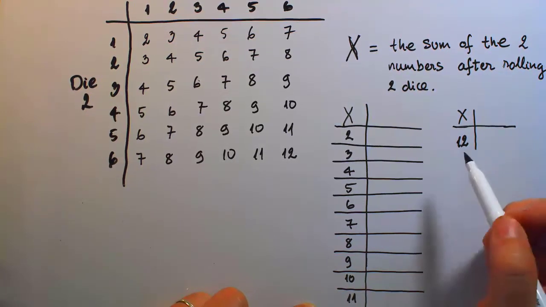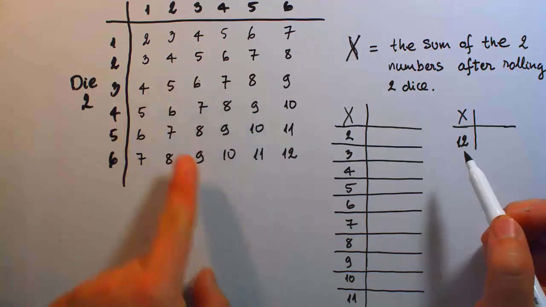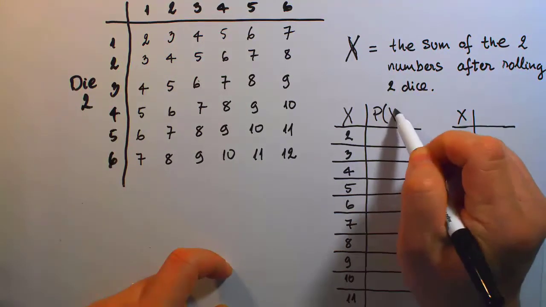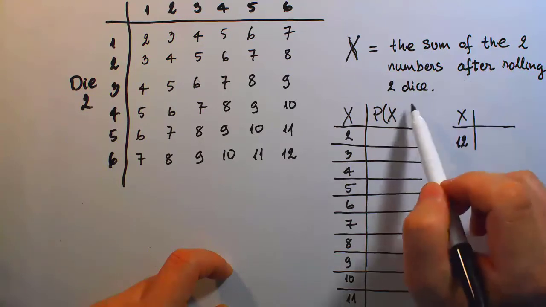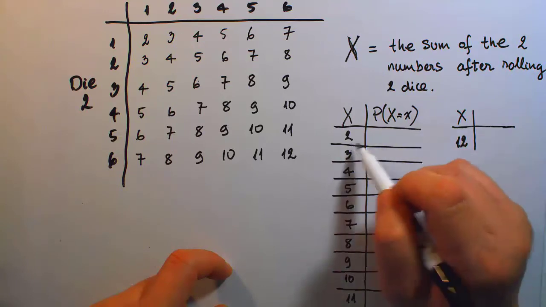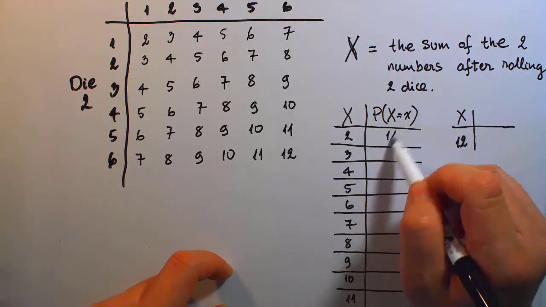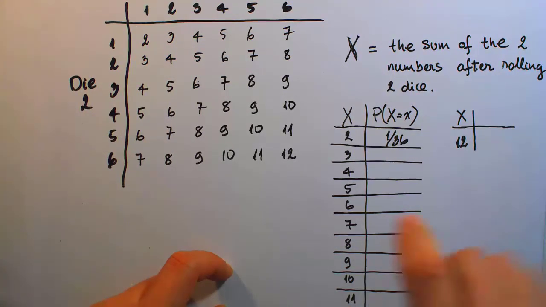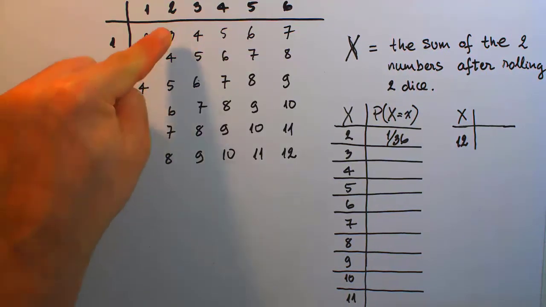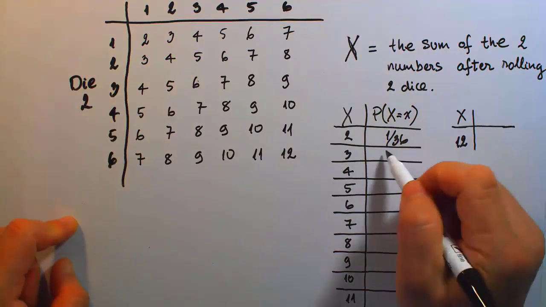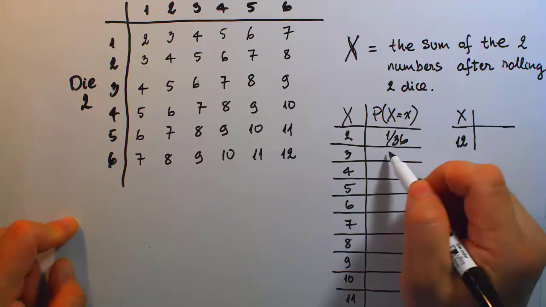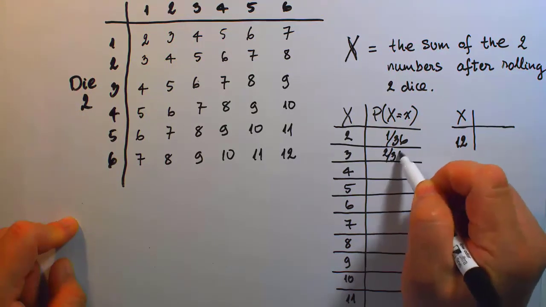And so now, I mentioned that there are 36 possible sums here. The probability that our random variable representing the sum of two numbers after rolling 2 dice equals 2 is only 1 out of 36. And the chance of being 3, if we quickly count through, there are 2 3s here in the entire 36, so it's 2 out of 36.